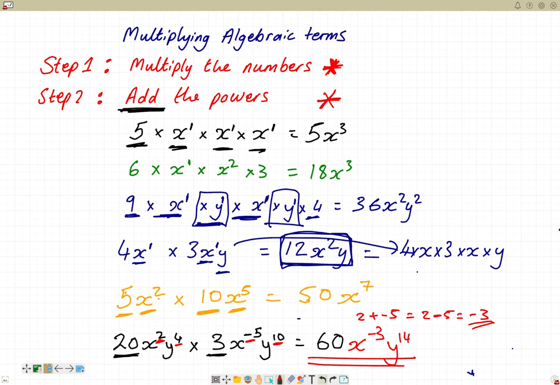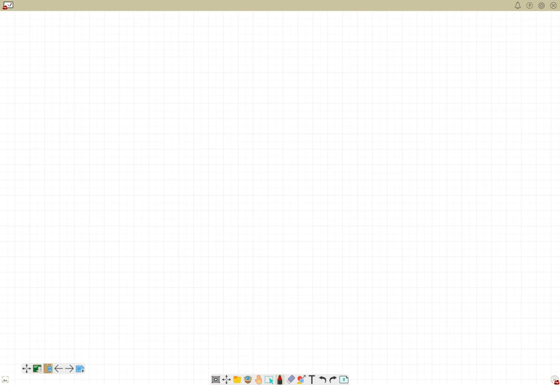Okay, one last question. Let's say I had 4x to the minus 6, y to the 7, z to the power of negative 3 times 5, x to the power of 3, y to the power of 2, and z to the power of 1.